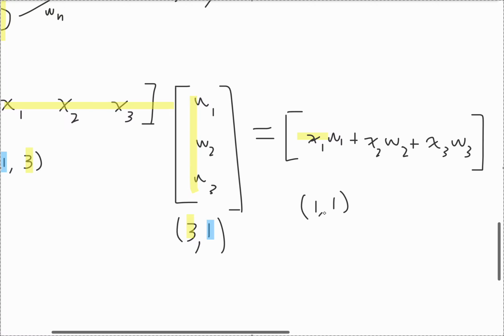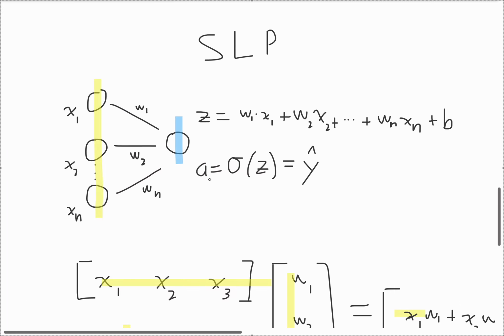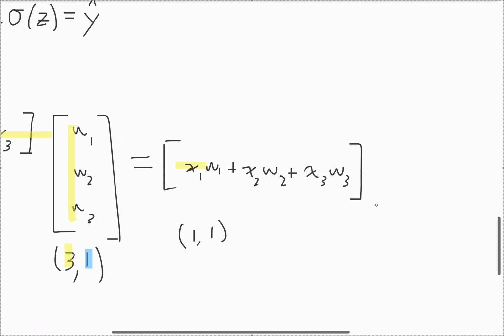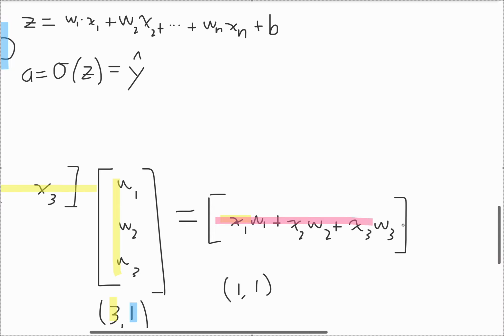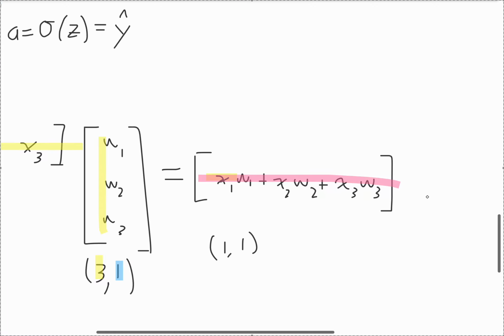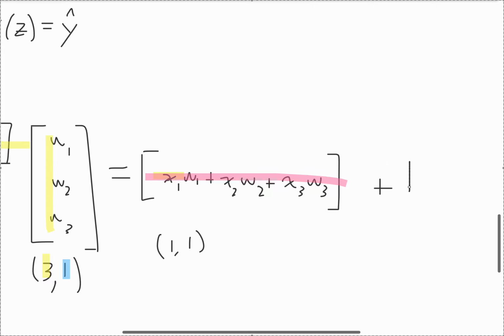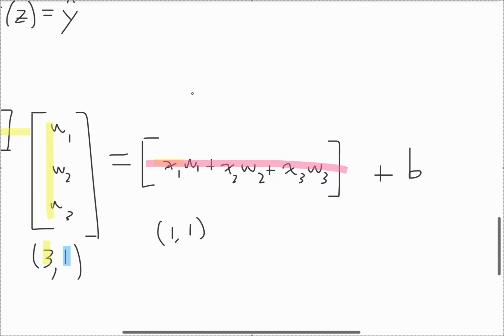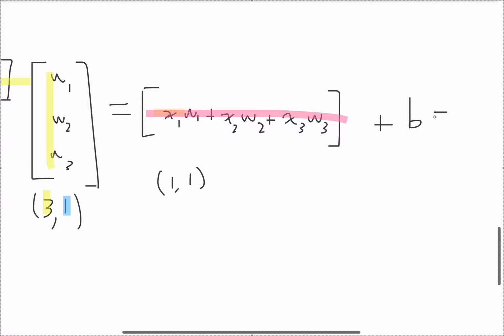That corresponds to our single layer perceptron only having one output neuron, so there is one output. But that's not it. All of this right here is only this much, so we still need to add the bias term. We plus the bias, and this equals z.